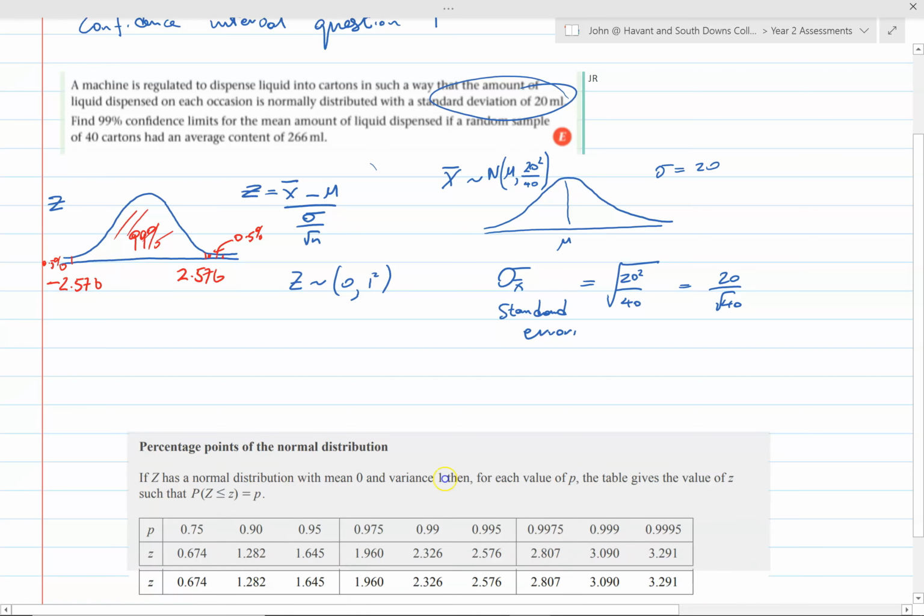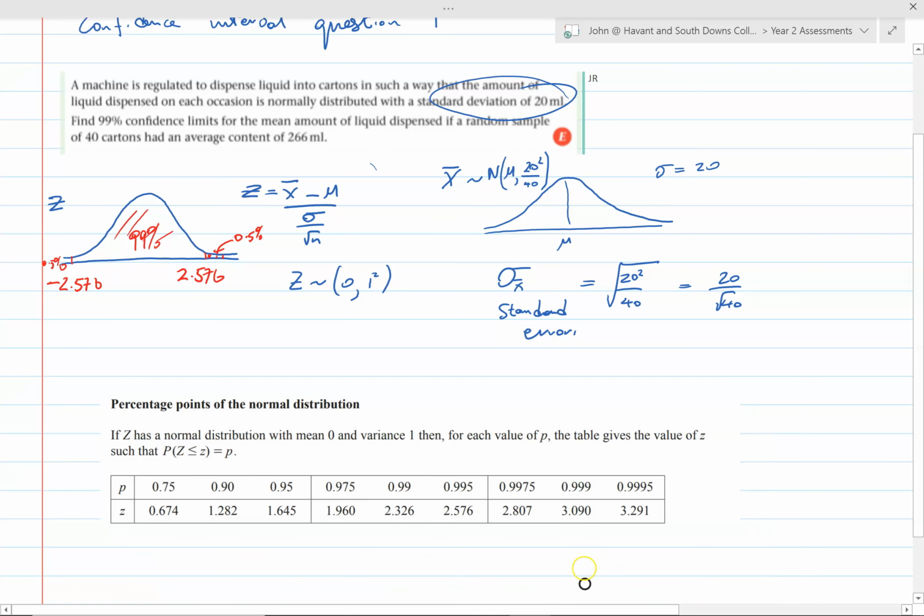If you prefer, you can use the tables. The 0.995 value is written in the tables, but some people are so used to the calculator they might get there quicker than finding it in the book of tables you're given in the examination. Okay, so that's the Z value we're going to be working with.